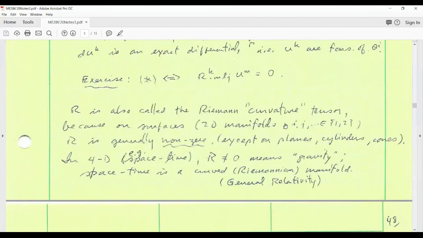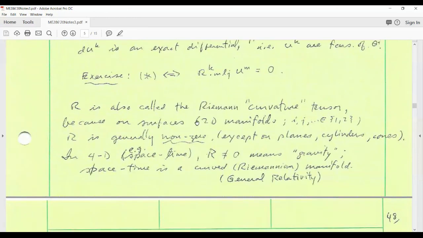Since those surfaces we associate with the idea of curvature, the name stuck, and this Riemann tensor has also been called the curvature tensor. It's more interesting, for example, in 4 dimensions, in space-time. It turns out general relativity is associated with a non-zero Riemann tensor. So we think of space-time as being curved for that reason. It has a non-zero Riemann tensor, and that's associated with the presence of gravity.